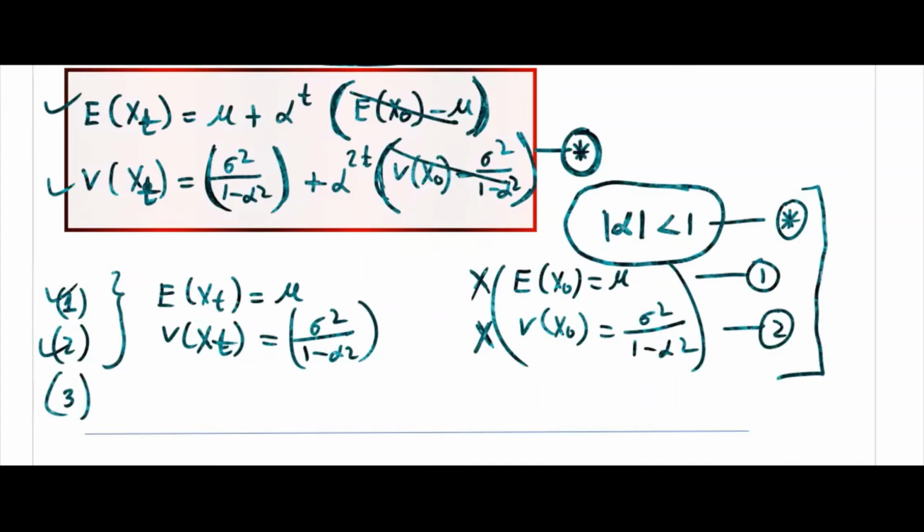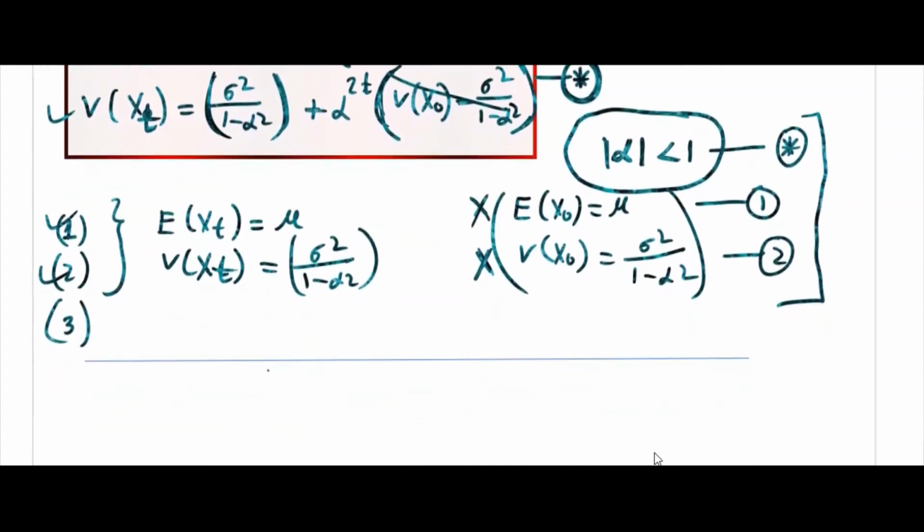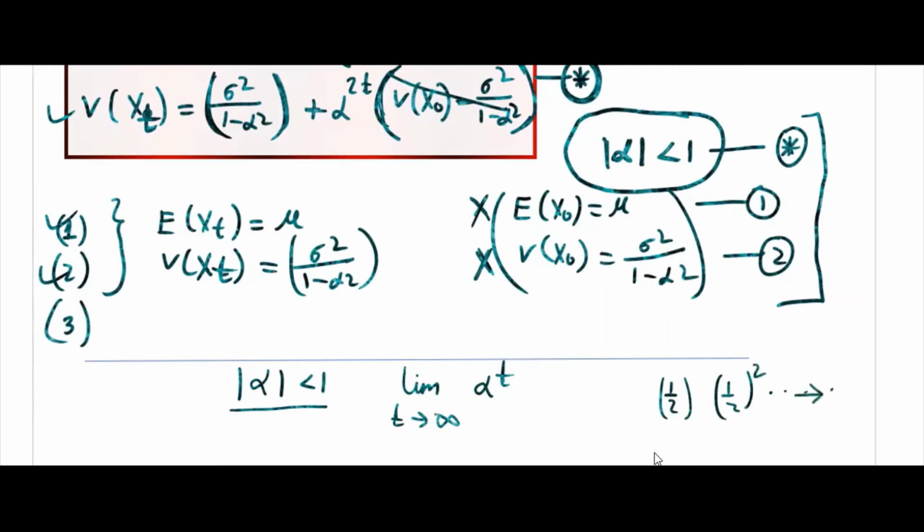Mathematically, when t tends to infinity, because mod alpha is less than 1, alpha to the power t, alpha half square like that, will go towards 0.